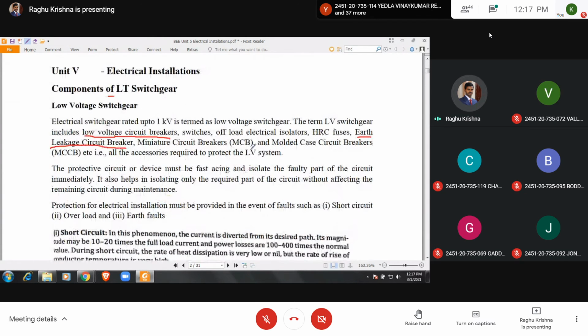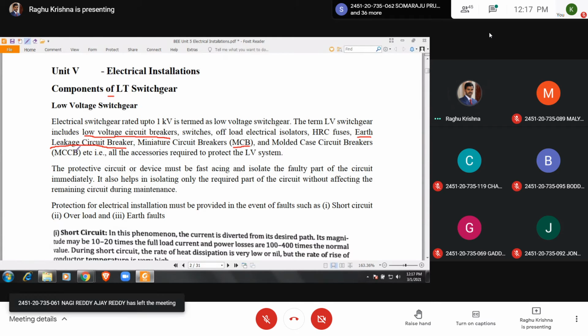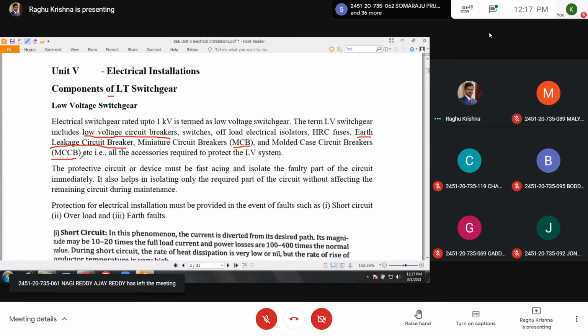Next, MCB. What is MCB? Miniature circuit breaker. The next one is MCCB. What is MCCB?